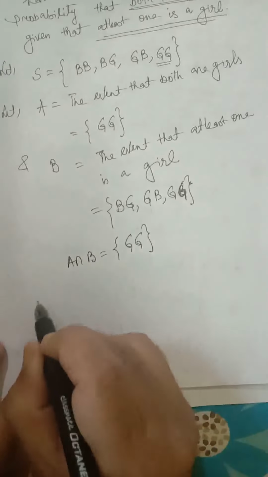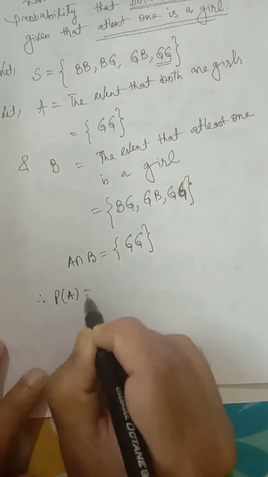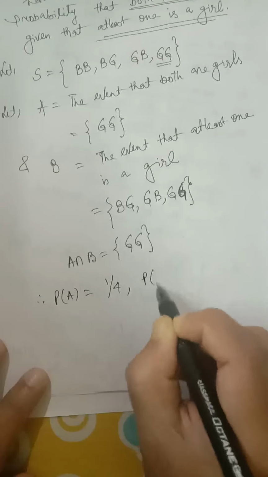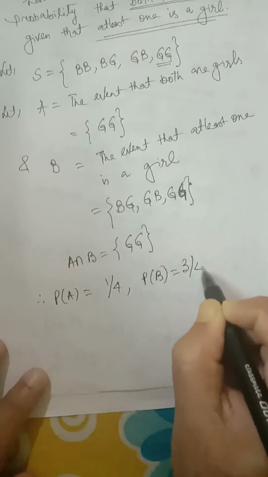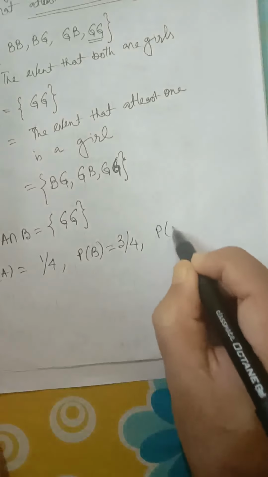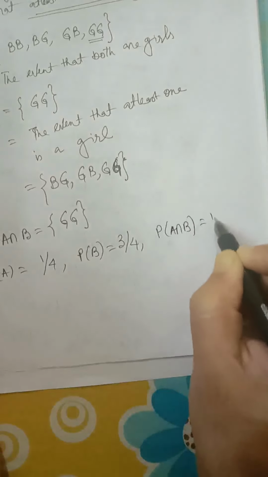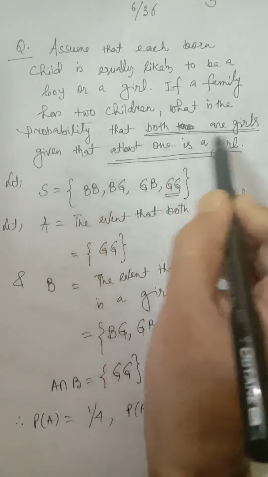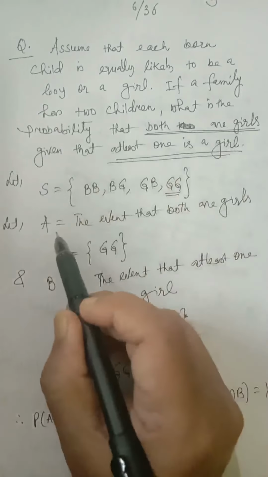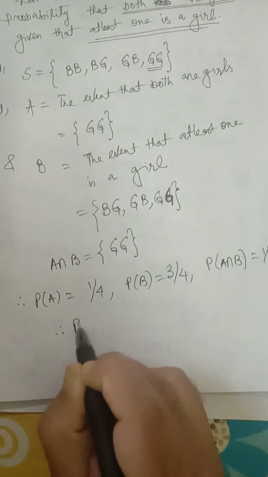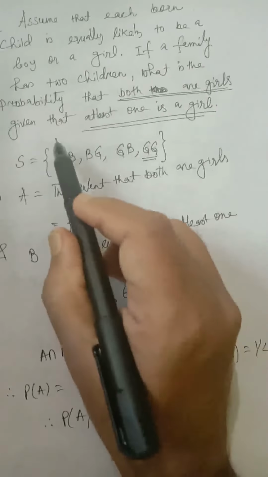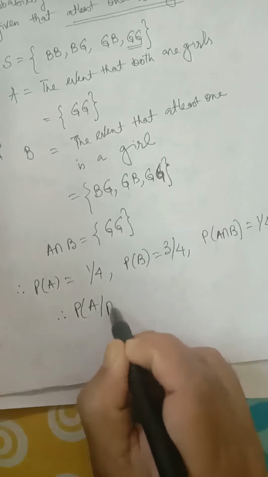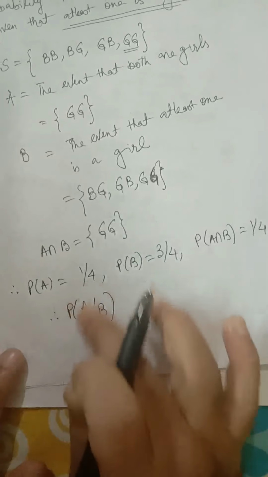And therefore PA equals, out of these 4 cases, only one favors the event, so 1 by 4. PB will be 3 by 4. And P(A intersection B) will be 1 by 4. Next, we have to find the probability that both are girls, which we have considered as A, given that at least one is a girl, which we have considered as B. So A by B, the probability of A when B has occurred.